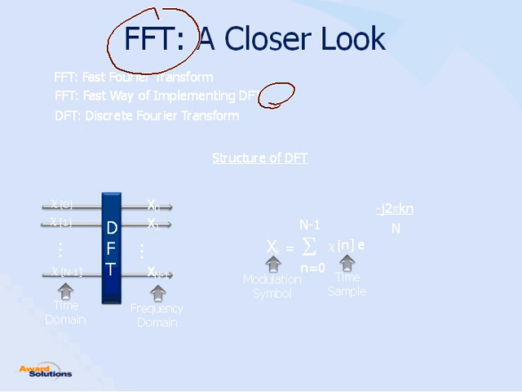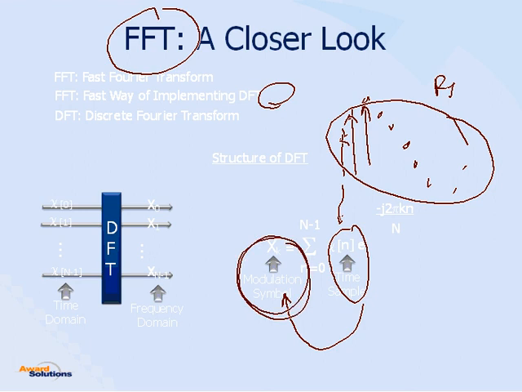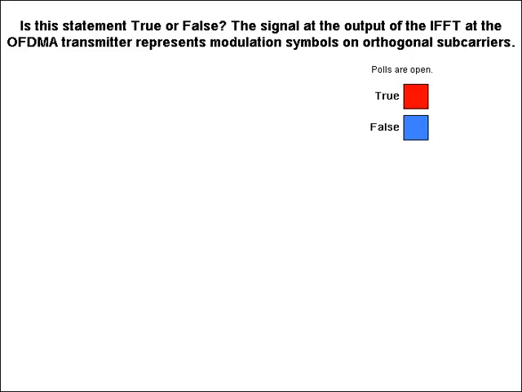In the discrete Fourier transform, you have the time samples going in, and you get back your modulation symbol. So this kind of signal is received, and you are taking all the samples, right? Those samples are here, and when you combine the samples, you recover your modulation symbol. That is the basic idea.